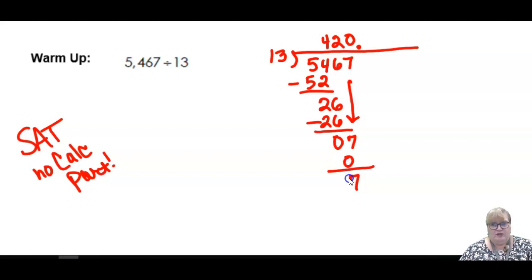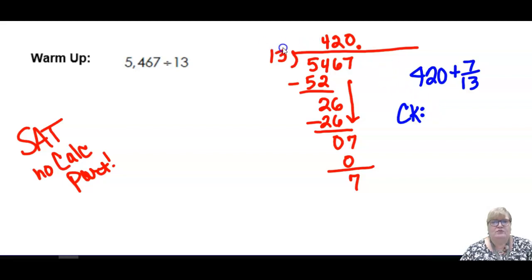In polynomial division, it doesn't usually happen. So we have 420 plus 7/13, or we could just write it 420 and 7/13, but when it's a polynomial, you need to put the plus in.